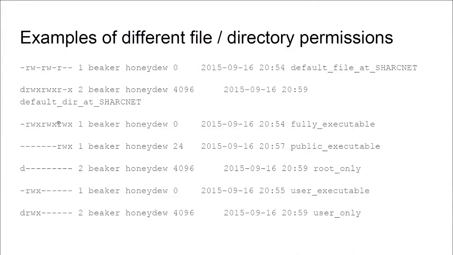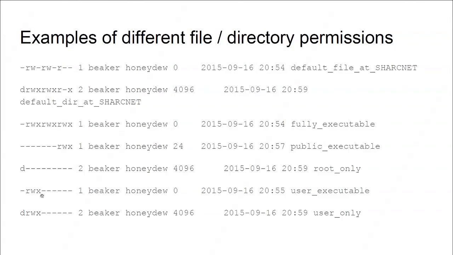You can change these. If you want to have a file that's executable by absolutely anyone, you set all of the permission variables to execute. If you only want to make a public executable, for example, you could change it so that only everyone else has read, write, execute. If you want to make a directory that nobody can access except the super user, then you would remove all the permissions.